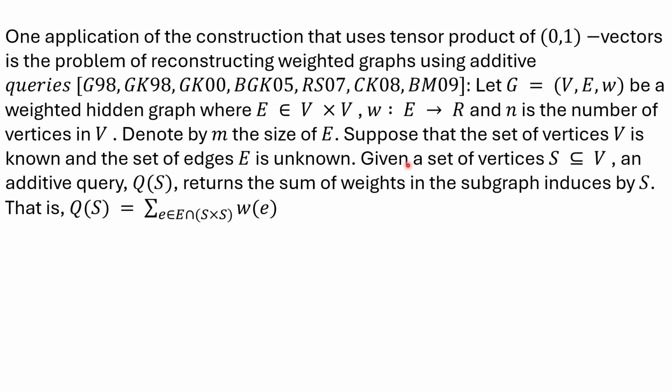Given a set of vertices S, which is a subset of V, an additive query Q(S) returns the sum of weights in the subgraph induced by S. That is, we go over all the edges that are in E and also in S, and we go over all the weights.